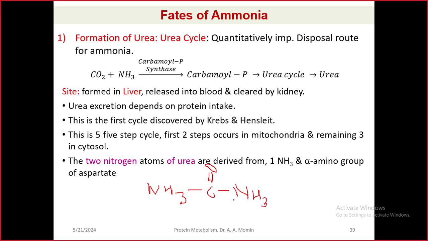So there are 2 amino groups present, right? One of the amino groups is donated by the ammonia itself, and the second amino group is donated by the amino acid aspartate. So 2 amino groups are present in urea: the first is donated by the ammonia which we intend to neutralize, and the second is donated by the amino acid aspartate.